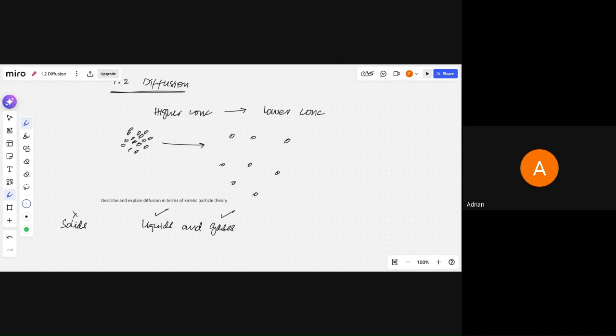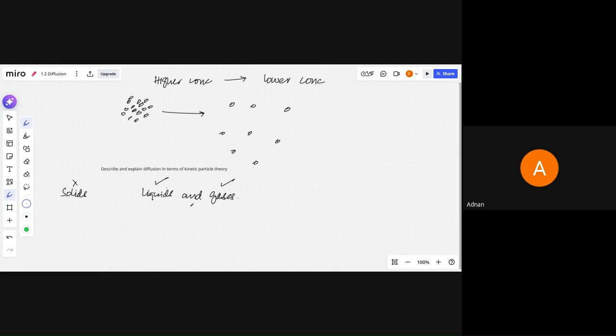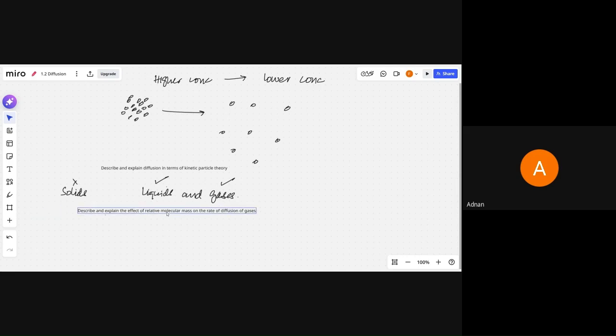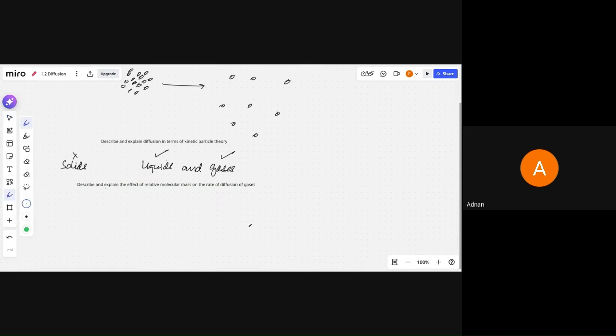Okay, so now we are moving towards the next topic, which is under the supplement or extended syllabus, and that is: describe and explain the effect of relative molecular mass on the rate of diffusion of gases. The heavier the gas, the slower the rate of diffusion.